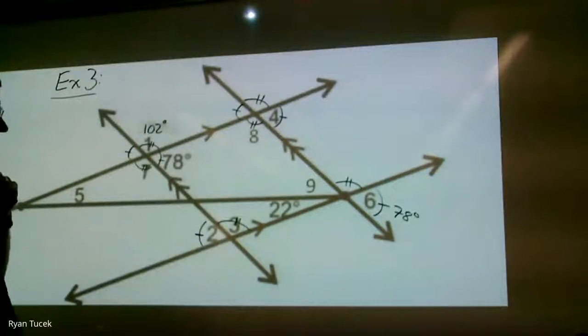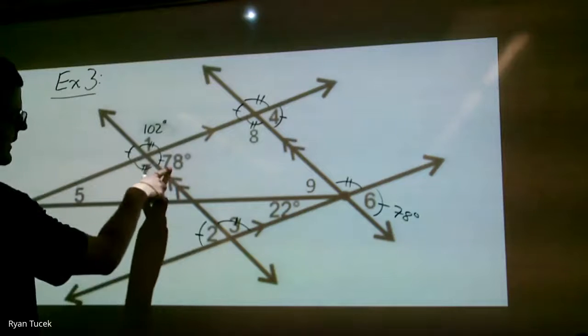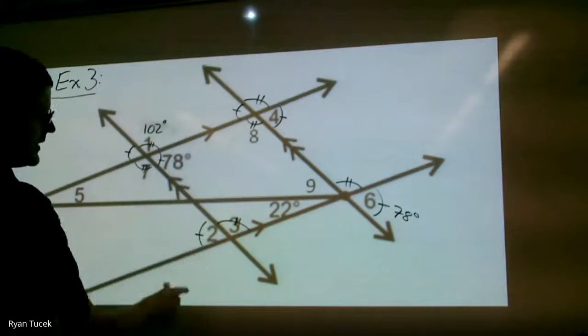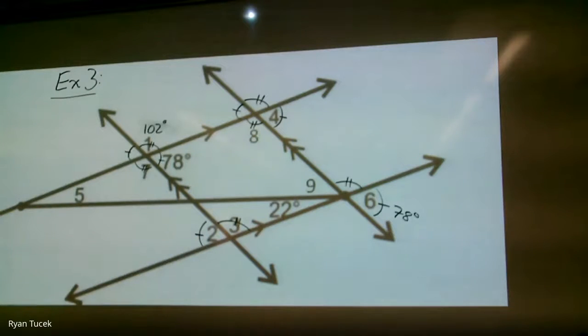Another rule that we can know is because look at 78 right here, and 2 make an alternate interior angle. So that's another help right there.